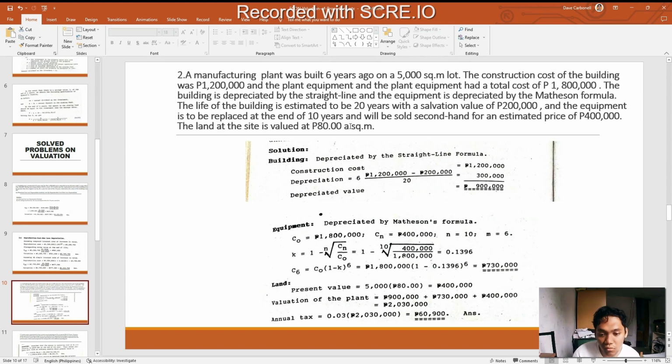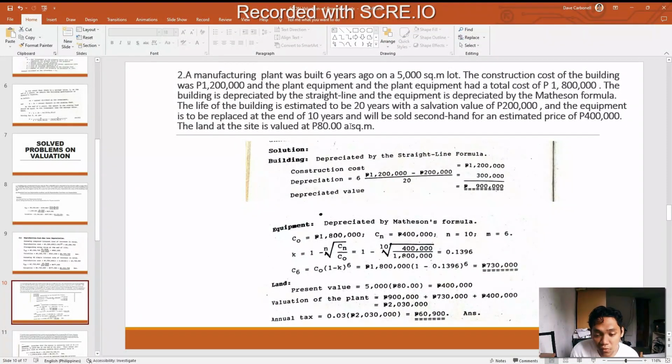So now we go to the land value. The present value of the land is equal to the total area of the lot, which is 5,000 square meters, times the value per square meter, which is 80 pesos, which is equal to 400,000 pesos.